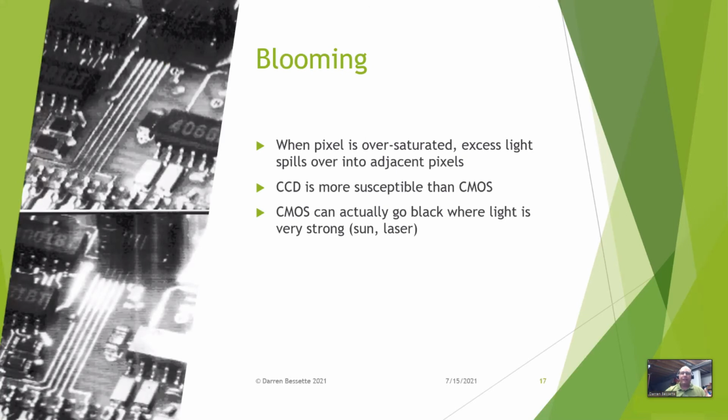Here are some of the things that you would see when it comes to artifacts in the image. So when you're shining your camera on a very bright area, in this case I have these electronics that have this bright area. With the CCD more commonly, what ends up happening is that the light accumulates so much within that pixel well. If you can imagine, the pixel well is actually a bucket, and I'm pouring water in that bucket faster than I'm able to empty out the bucket.